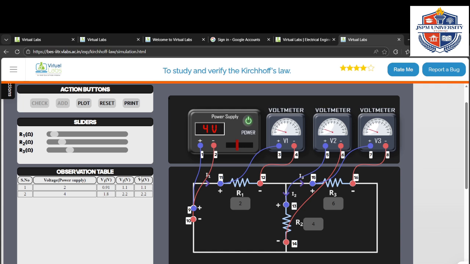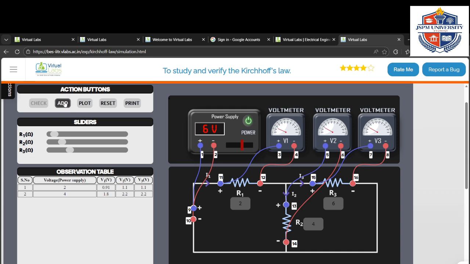So the concept is the same, V2 and V3 are the same. Then now we are moving to 6 volt. We have to vary it minutely, then only the voltage will be set properly.